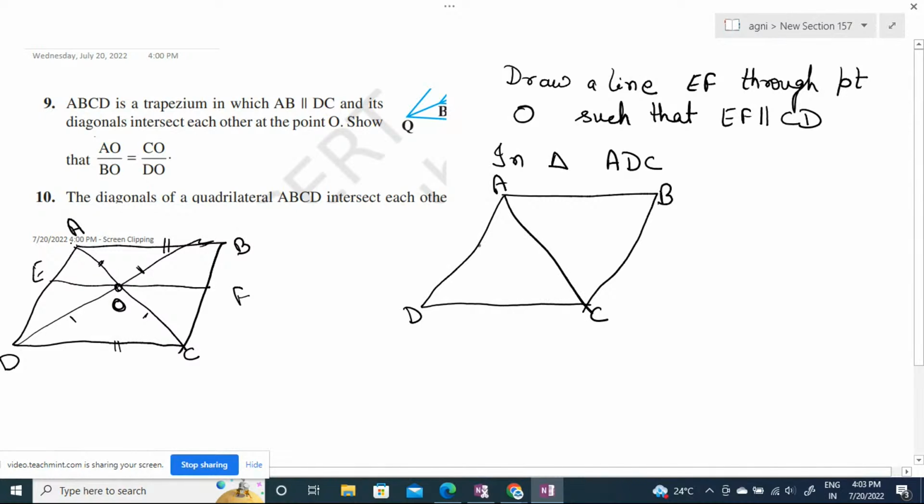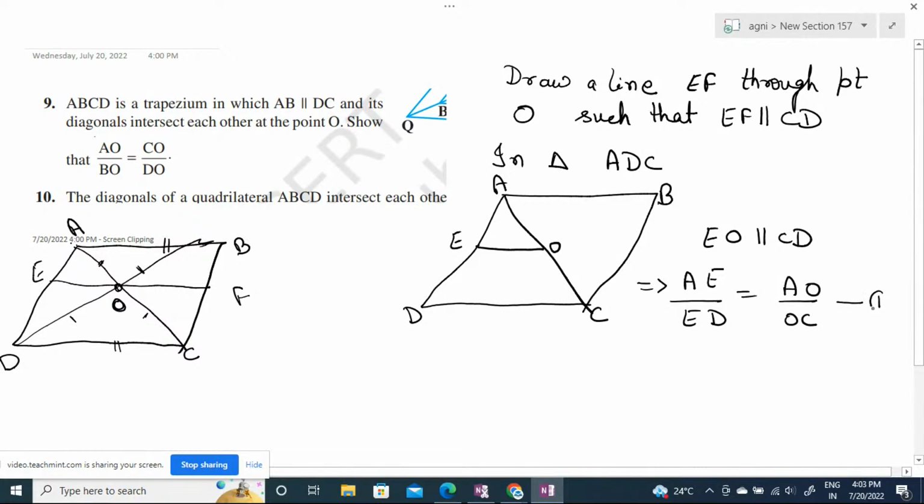So we can see this is O and this is E. I have taken the half of the trapezium. So from here, if EO is parallel to CD, then AE upon ED is equal to AO upon OC, equation number 1.